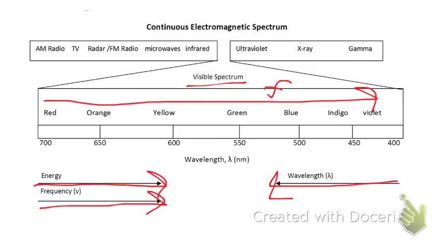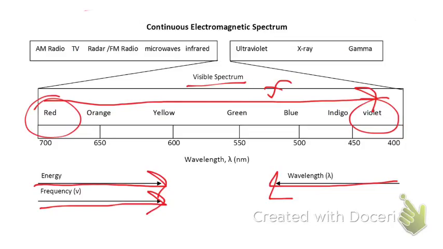All right? So frequency and energy go in the same direction, and wavelength is inversely proportional to both of those. We're going to spend a lot more time on that a little bit later in lesson number 2. But what I want you to walk away with is that violet light has the most amount of energy, and red light has the least amount of energy when it comes to the visible spectrum.